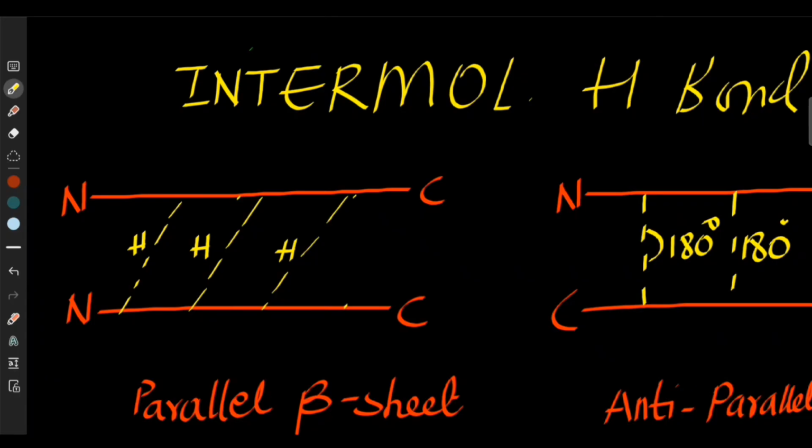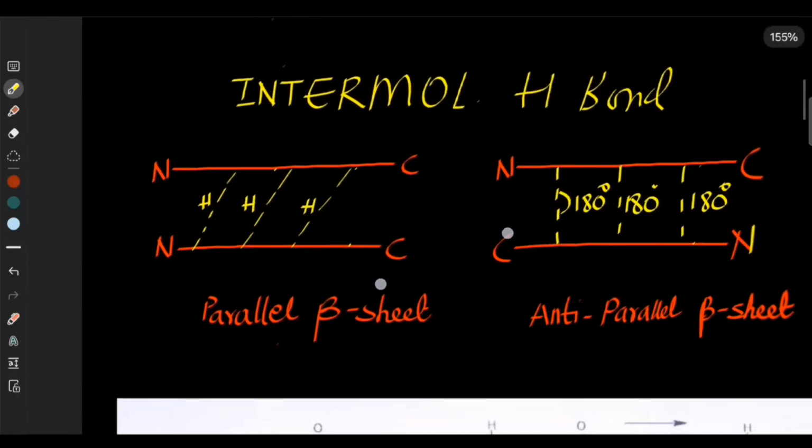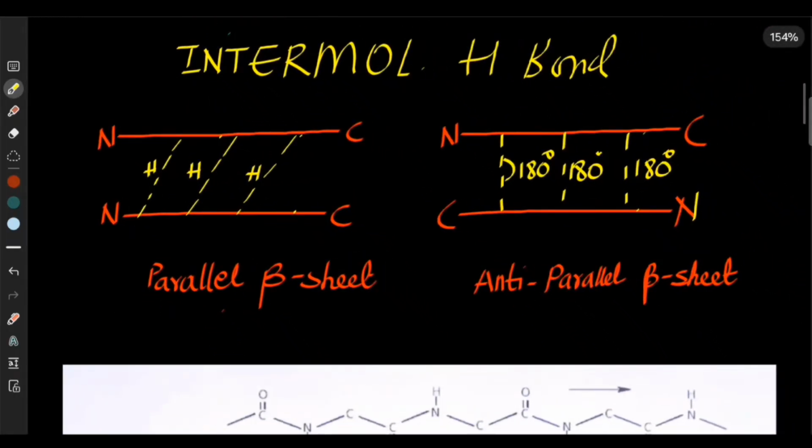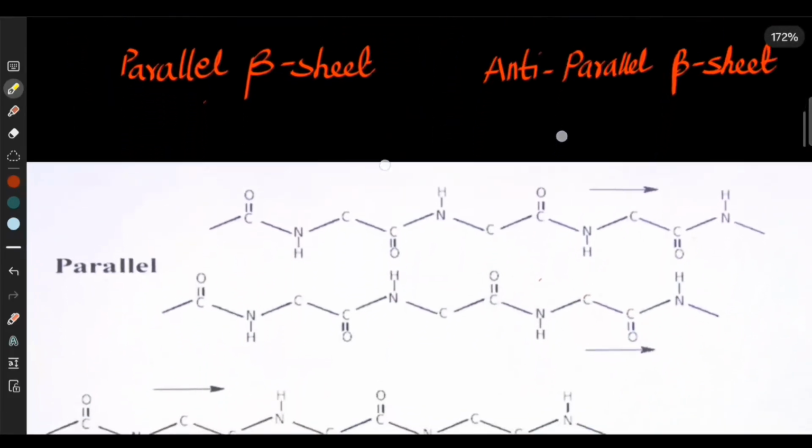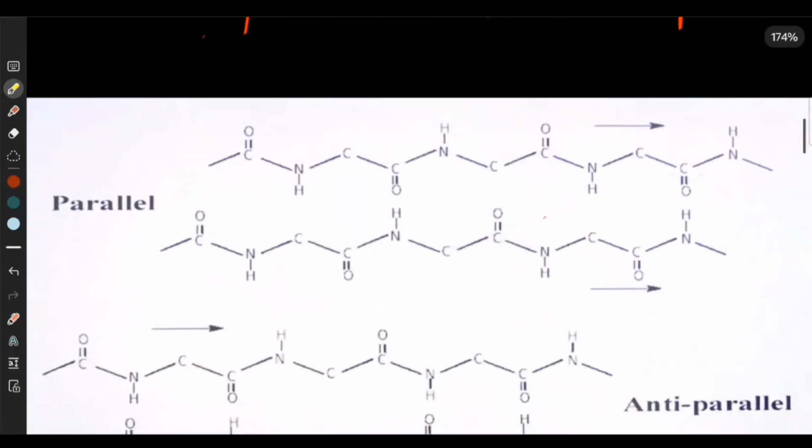It was intramolecular because the hydrogen bonds were forming between the atoms of the same compound, of the same protein. So I hope you're able to understand this intermolecular hydrogen bond and the parallel and the antiparallel beta sheet.